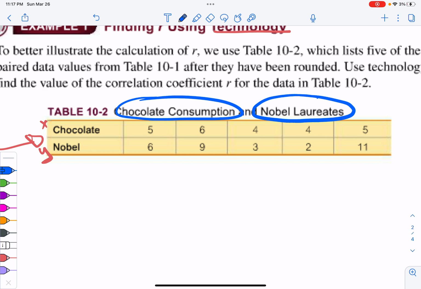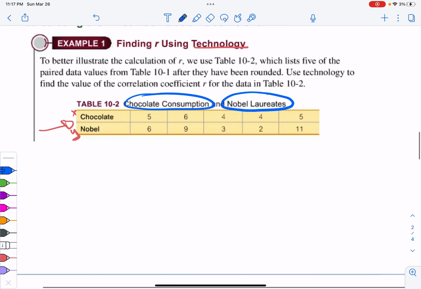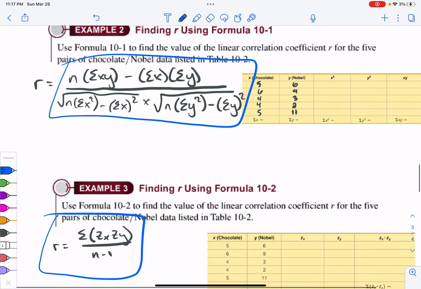And then how many Nobel Prize winners there are. So we're trying to see if there's a relationship between the two. And this seems kind of silly because those two should not be related to each other. But we're going to test it and see whether eating more chocolate causes you to be more successful as a Nobel Prize person. Anyway, that's what we're comparing.